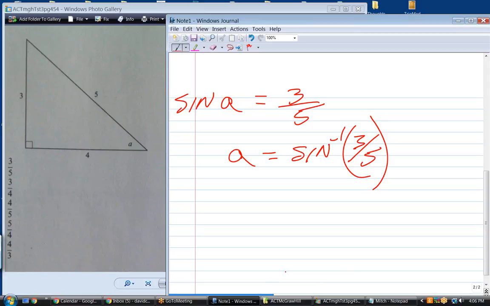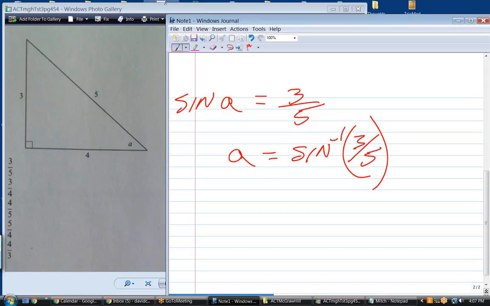Now, that would be on the upper limit of the trig you would need. How high does the ACT go? Doesn't it just go to Algebra 2? No, it actually has exactly 4 trig questions on it. But they tend to be easy trig questions. If you know all your basic trig stuff, like this question here, that would be your easiest trig question.